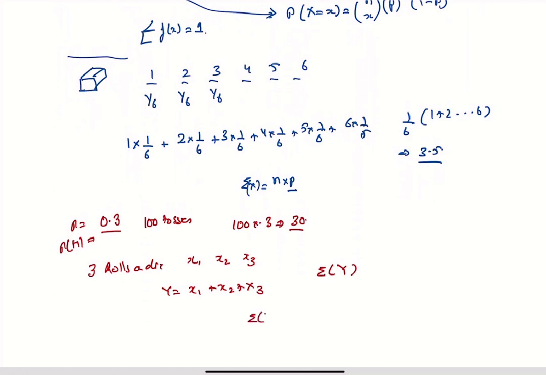So the expected value of y is nothing but the expected value of x1 plus the expected value of x2 plus the expected value of x3. Since we know the expected value of each roll of a die is 3.5, the expected value of 3 rolls of a die is going to be 3.5 times 3, or 10.5.